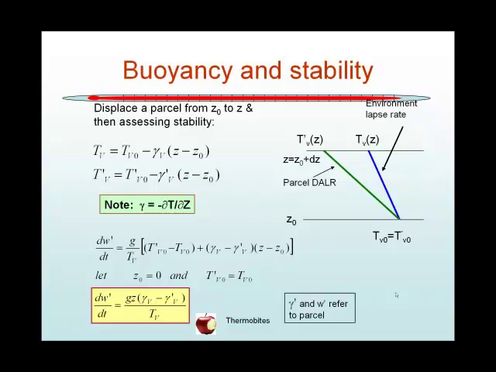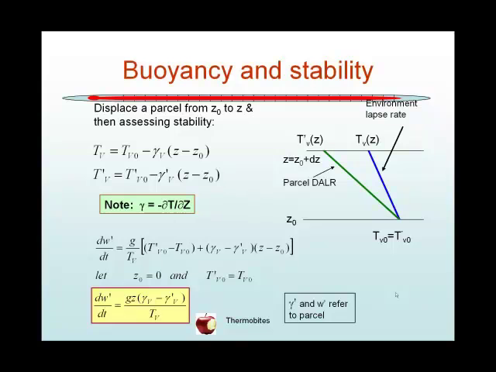So we can write out expressions then for the temperature of the parcel of air and its environment at its new height z. Tv is Tv0 minus gamma v multiplied by z minus z0, which is our small perturbation dz. And remember that gamma is minus dT/dz. And likewise for the parcel, Tv dashed is Tv0 dashed minus gamma v dashed multiplied by z minus z0.